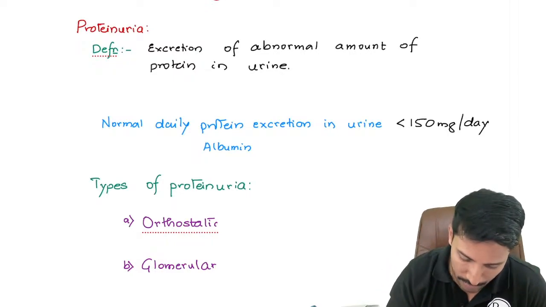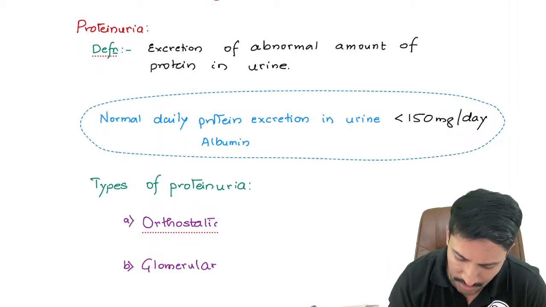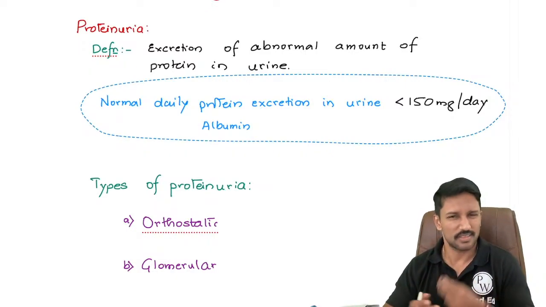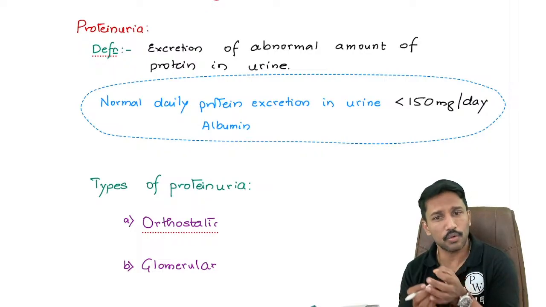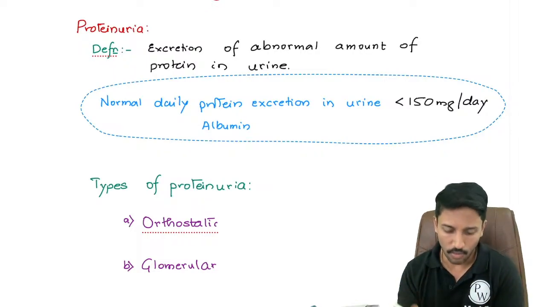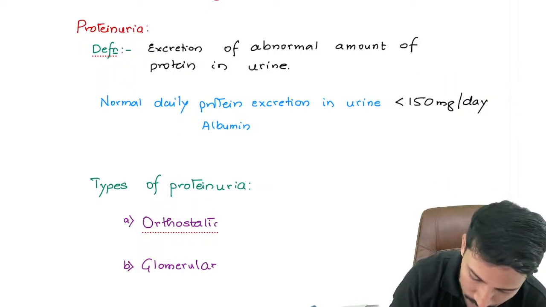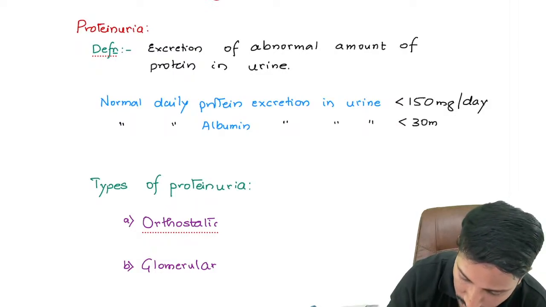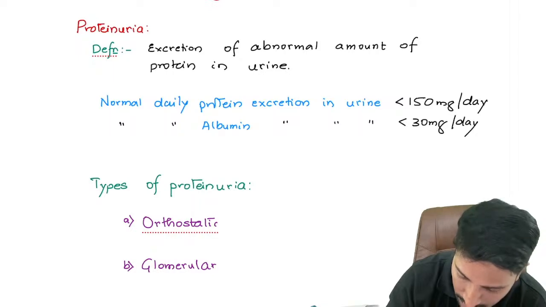Simple as that. But now when I say normal daily protein excretion, it is largely comprising of non-albumin proteins, right? Small molecular weight proteins. But we do excrete a small amount of albumin. So how much is the normal daily albumin excretion? The normal daily albumin excretion in urine is less than 30 milligrams per day.